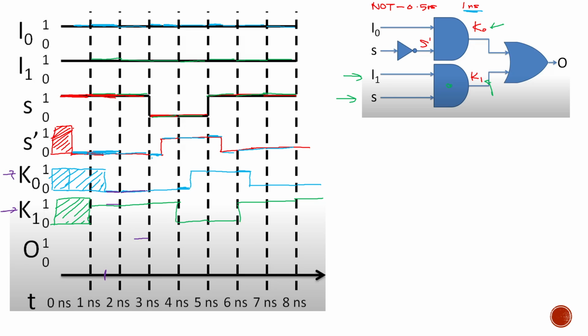If you consider this one, 0 or 1 is going to get 1. I'm taking the full segment. 0 or 1, again, is going to be 1. Now the next segment is 0 or 0, which is going to give you 0, and the next segment is 1 or 0, which gives you 1.